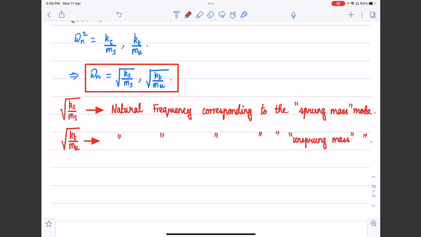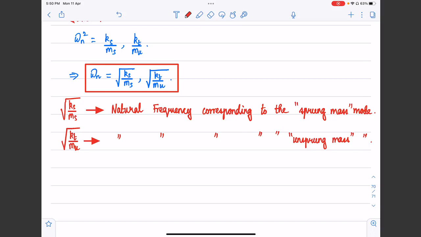Let's analyze it. Please note that kt is much higher than ks and mu is much lower than ms. Consequently, the ratio of kt by mu is going to be much higher than ks by ms. So these natural frequencies are typically separated by an order of magnitude.